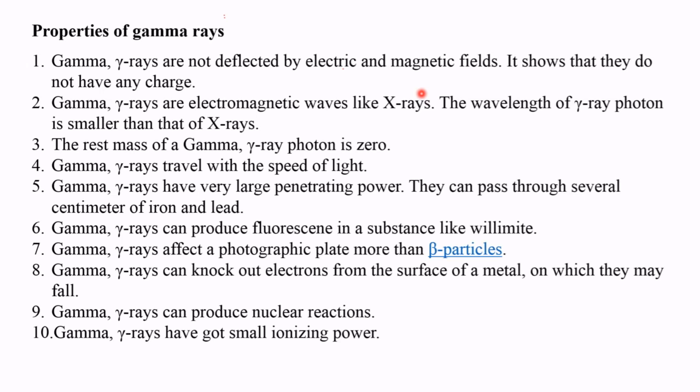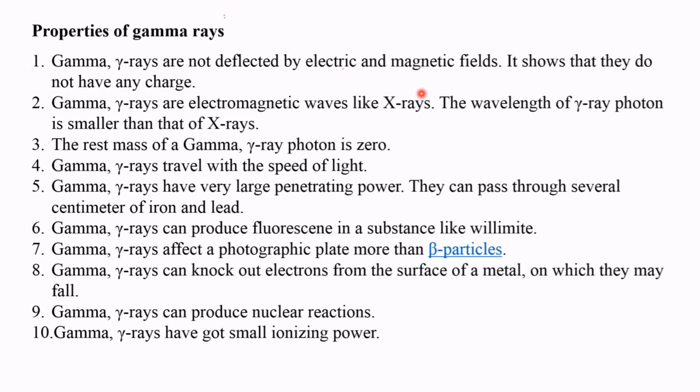Suppose gamma rays fall on the surface of a metal, they will remove electrons from the surface of the metal. And a very important property of gamma rays is that they produce nuclear reactions, such as fusion and fission reactions.